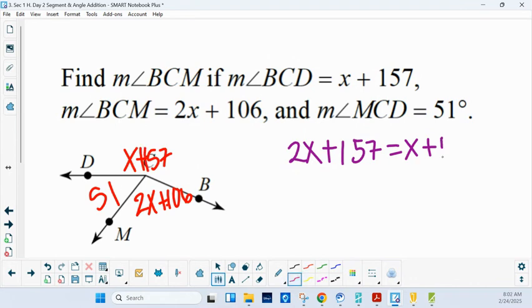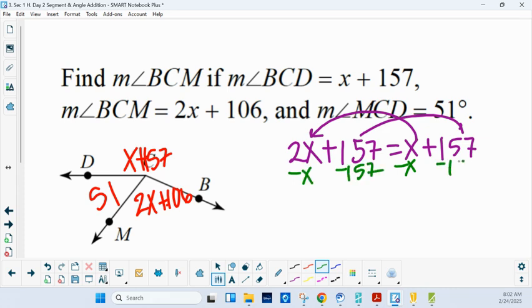X plus 157. Okay, so when you have variables on both sides, it's totally fine to move the variables one way and the numbers the other way. You can do that. Just do the opposite when you're moving things across the equal sign. So 2x minus x is just x. 157 minus 157, 0.